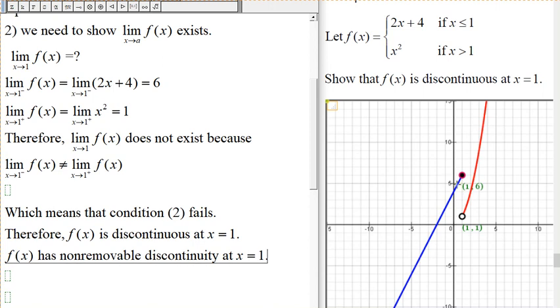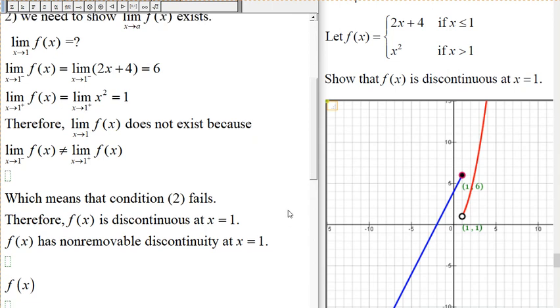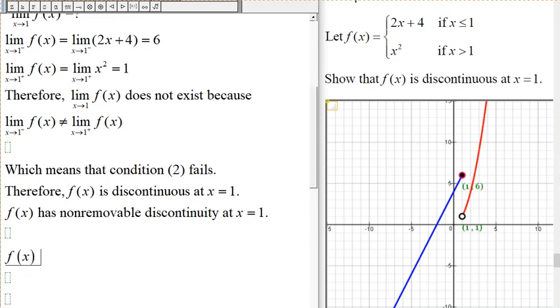But if we look at the graph, other than that, the graph is continuous everywhere else, except at 1. And so this is how we write continuous everywhere else except at x equal to 1. f of x is continuous everywhere except at x equal to 1.